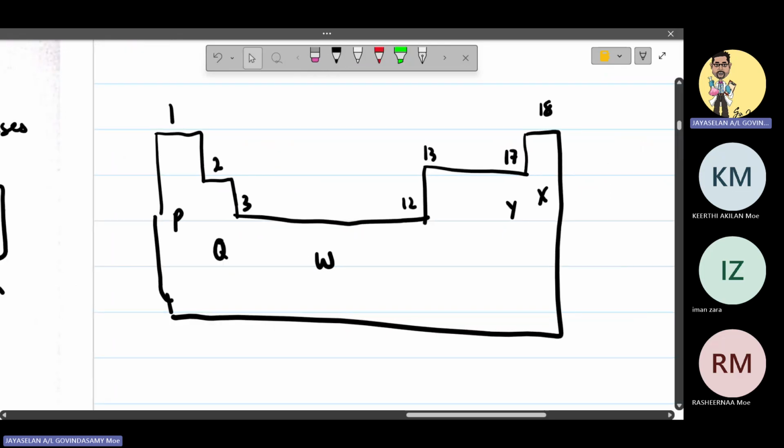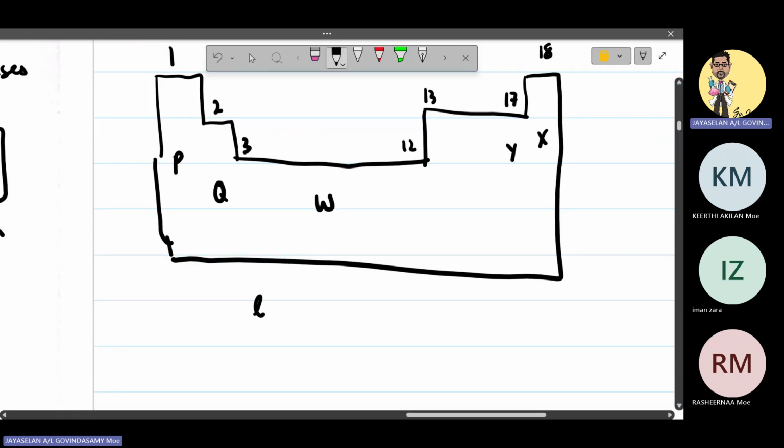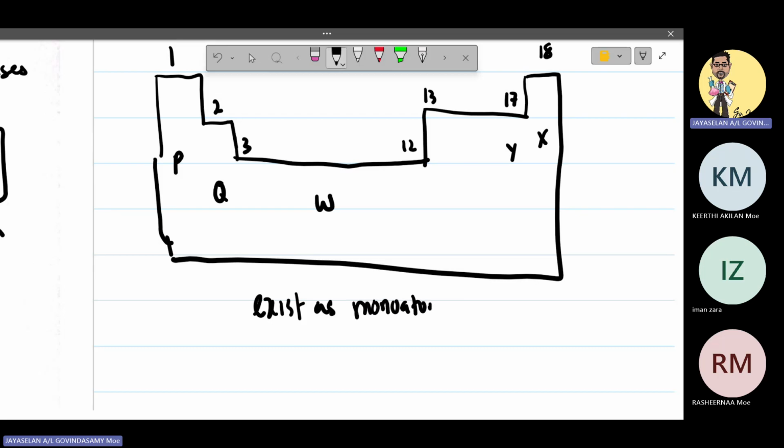They put it like this: which of the following elements exists as monoatomic gases?